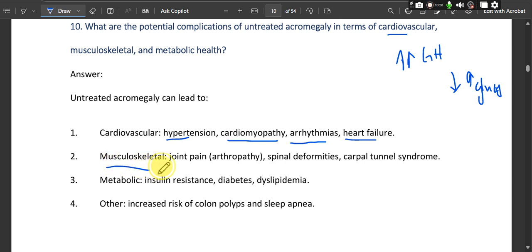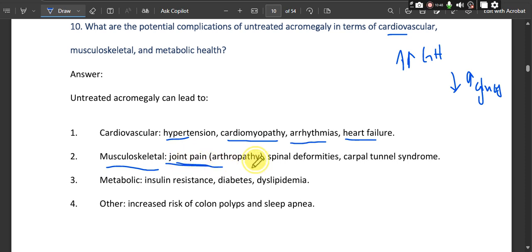On the muscles and the skeletal system, what is affected most are the joints, because here a person has already grown, but growth hormone is trying to force the bones to expand further, and growth in the bones occurs in the tissues, in the joints.